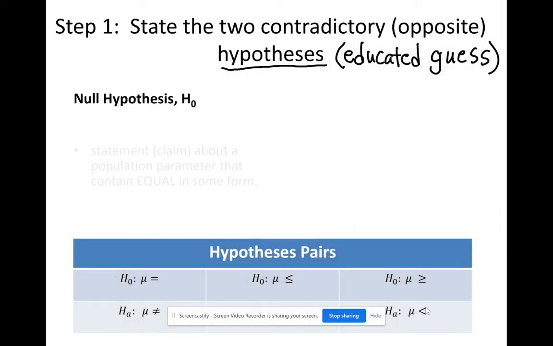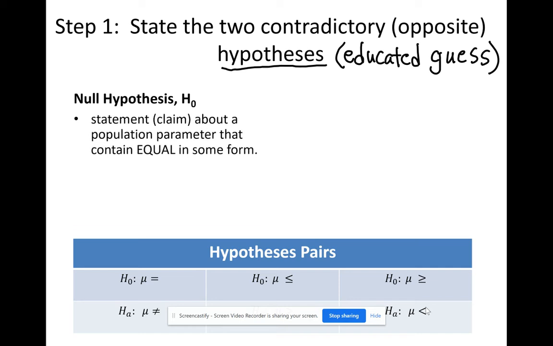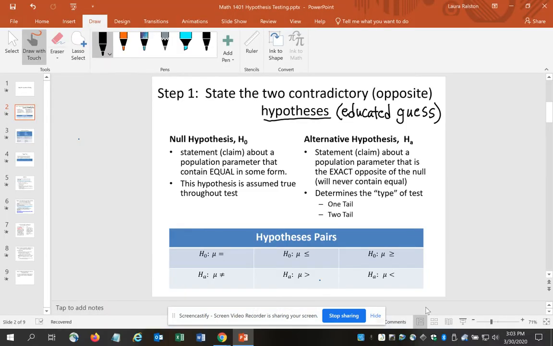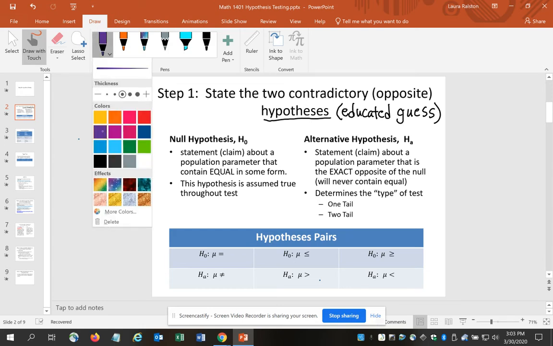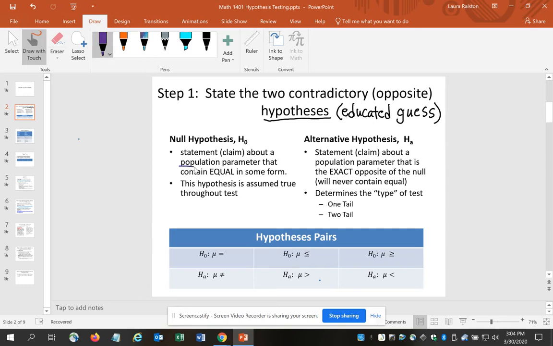And the null hypothesis is a statement about a population parameter that contains equal in some form. And I think it'll be easier if I just leave it where I can write on the screen here. Notice that it says it is a claim about the population parameter. So we can make a claim about the population mean, the population proportion, the population standard deviation. There are lots of different parameters.